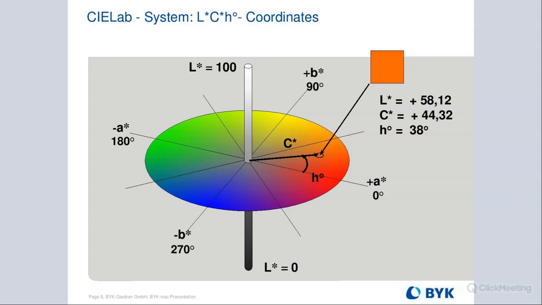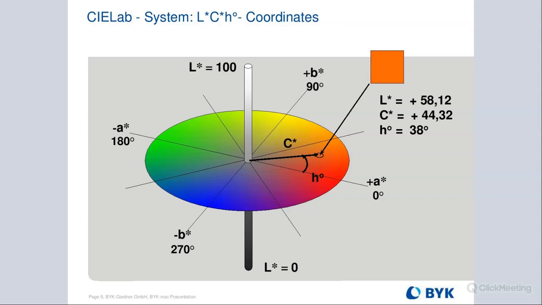But now we have our C value, which is our chromaticity value. It just means how far you are from 0, going further out into color space. We also have our hue angle, which starts at the positive A axis and then goes counterclockwise 360 degrees until you come back to the A axis.